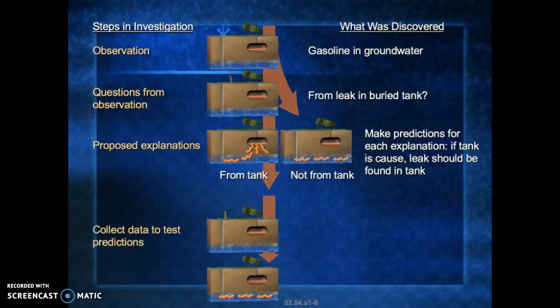Ultimately, our goal is to use that information that we collect to test our hypotheses and see which ones are correct and which ones aren't. And the ones that don't make the cut, the ones that don't pass the test, get thrown away. So in this case, if there's no leak in the tank and it's the wrong kind of gasoline, then we can rule out the tank and we have to start looking elsewhere.